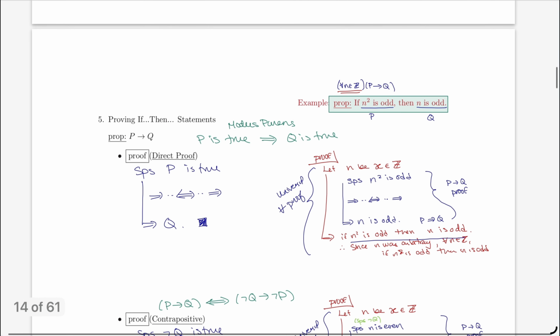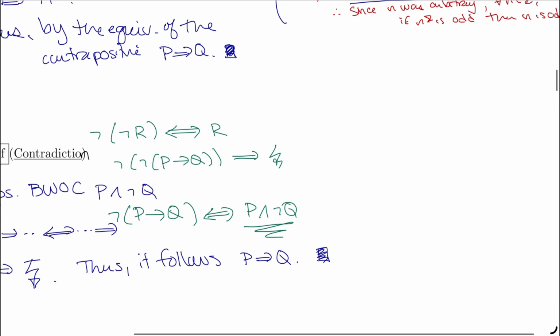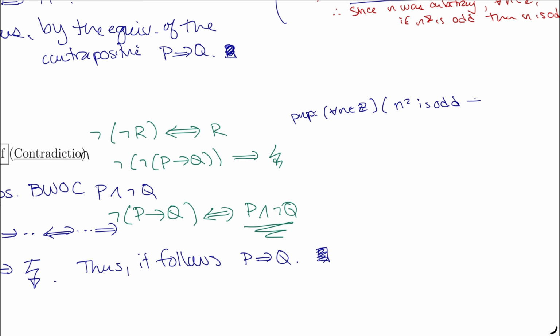So let's go back up here and look at the statement. I'll write it symbolically. Okay, so my proposition was for all n in the integers, if n squared is odd, then n is odd, right? And this was my if p, then q.